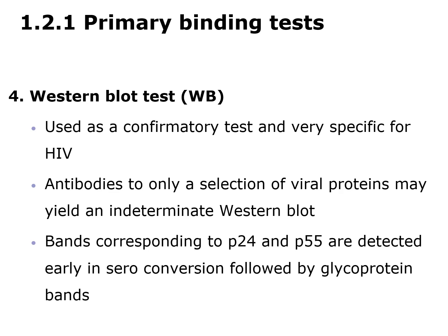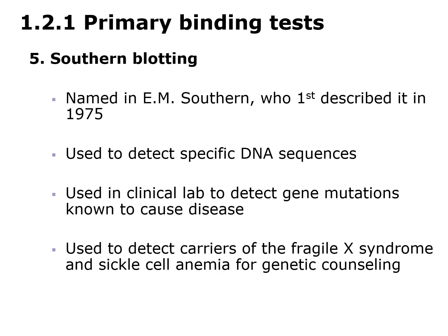Western blot is a test that detects viral proteins, particularly for HIV infection, that is protein P24 and P55. We can detect this as glycoprotein bands. The reason why we call it a blotting test is because we make use of a paper to blot dry the specimen.